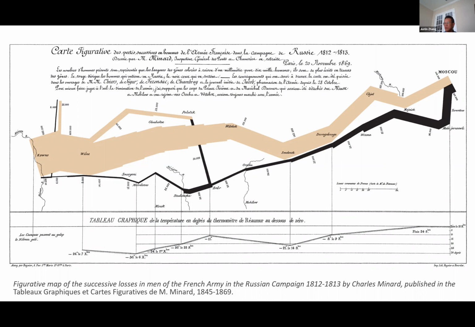So we can see that on the retreat, many troops were lost when they had to cross the rivers in the freezing temperature. So you can see lots of information is presented on this chart from different dimensions, including temperature, number of soldiers, directions, etc.